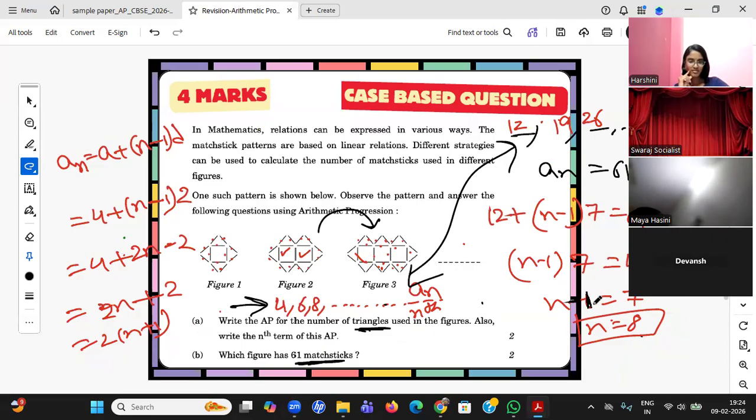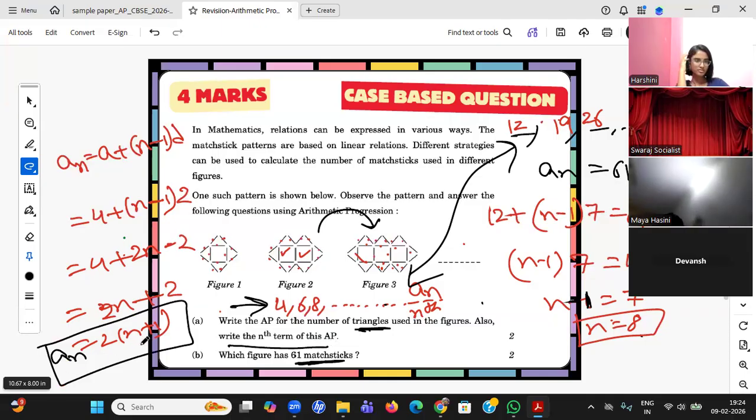In the first question, we can't find the n value. It is infinite. If at all he gives some target, I can find the n value. So you should end your answer here only. For the nth term of the AP, an equal to 2 into n plus 1. That's all. Okay, sir. Thank you.